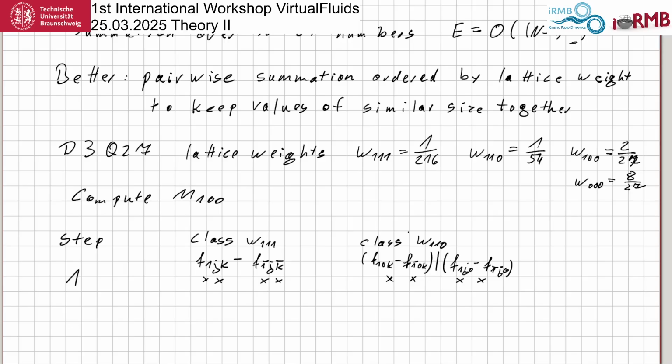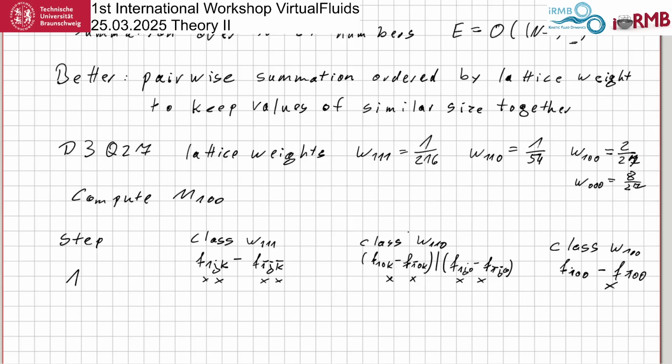So they are all done in step number 1. And the class W100 is represented only once. This is F100 minus F minus 100. Here we do this only once.